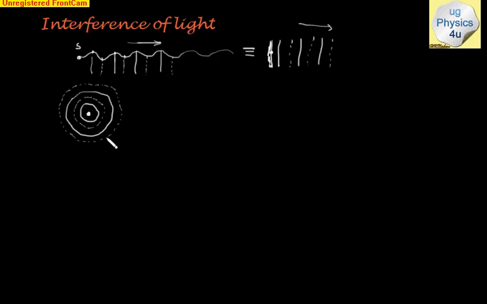So spherical wavefronts are denoted by this, plane wavefronts are denoted by these planes, and every source at a large or infinite distance provides parallel wavefronts at the point of observation.